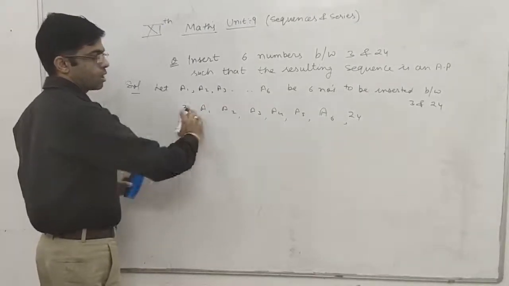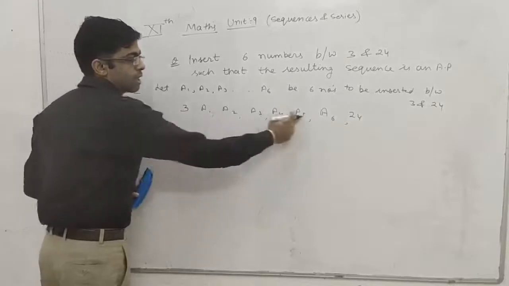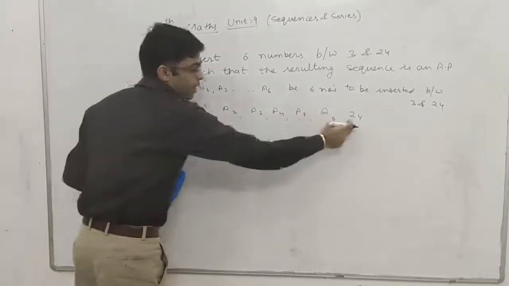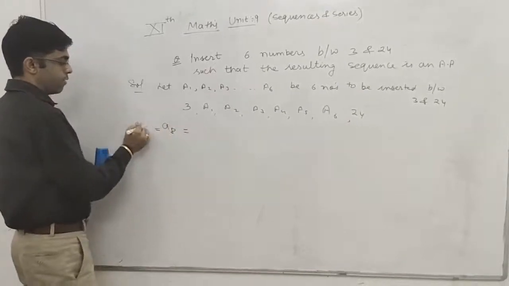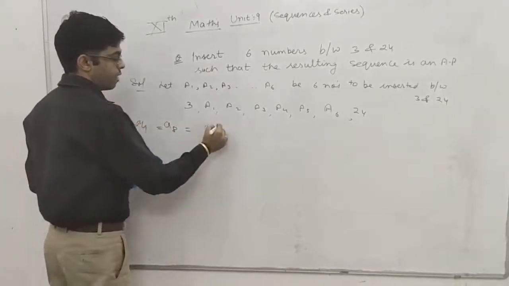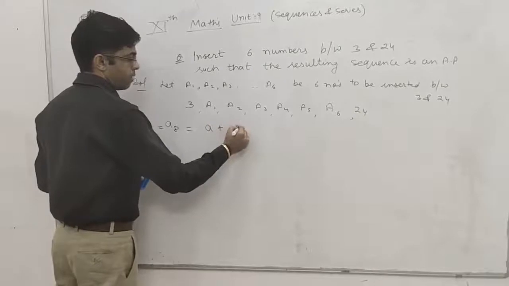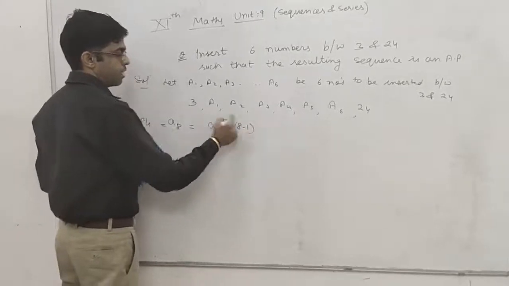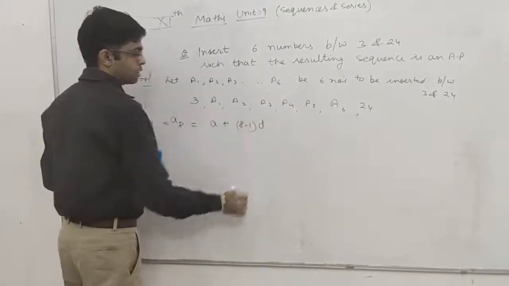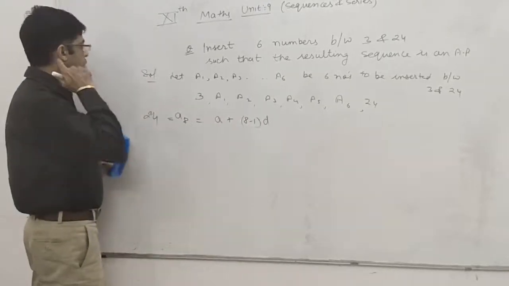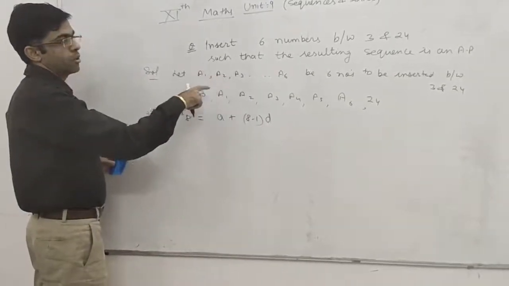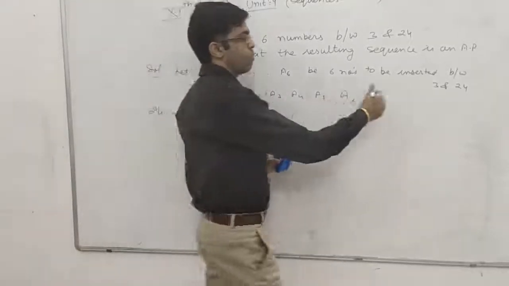Now we know that total terms are 8 because these are the numbers and this is 7 and 8. So the 8th term is already 24, and this is a plus (8 minus 1) into d, where d is the common difference.